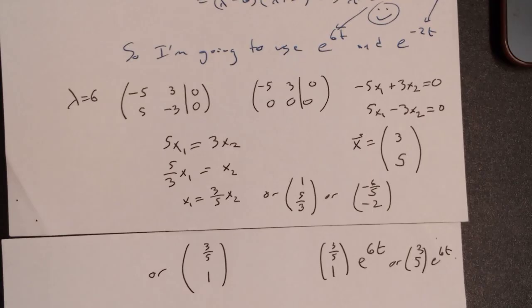We used 3, 5. You could use any of them. Doesn't matter. If I use this one instead, then my value of C1 would change compared to if I used this one. It works either way. Do this again. Only this time, do it with -2.